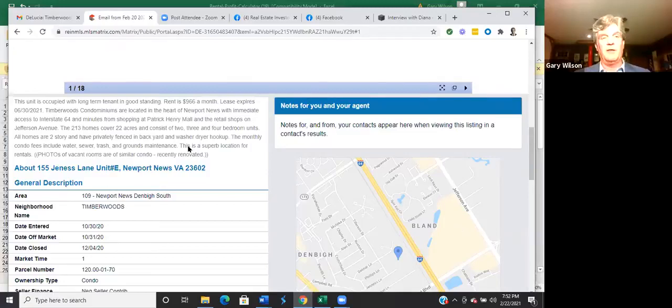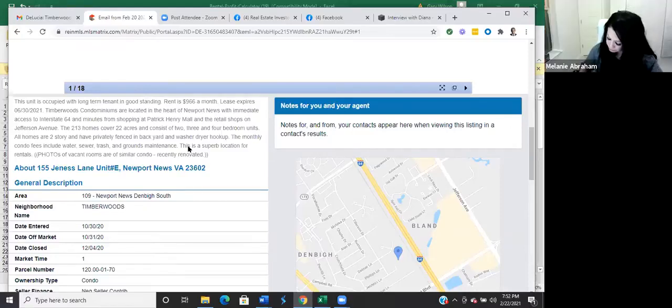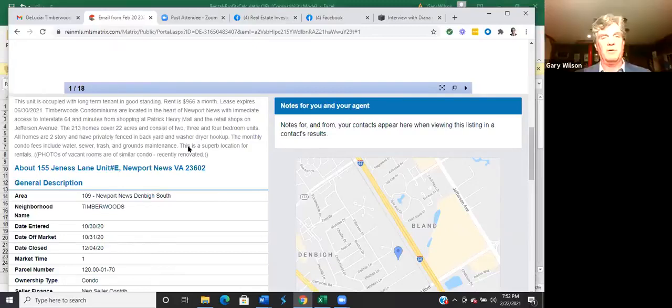Let's figure $100 a month for maintenance and repairs. I don't think it's going to take that much. I think it'd be more like $50 a month for this type of unit, because you don't have to worry about cutting grass or shoveling snow. You just have to take care of a broken doorknob here and there and things like that.